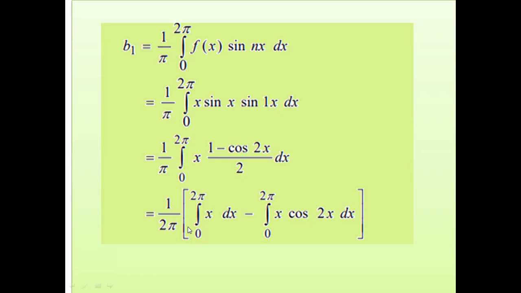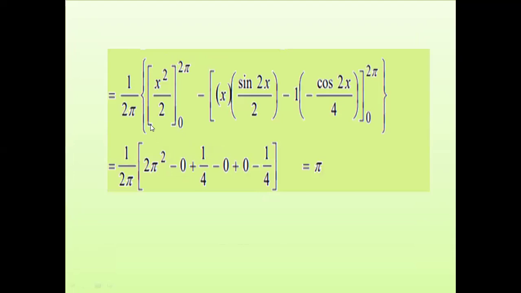So x upon 2, and x cos 2x by 2. The 2 we take outside as common. Then finally apply 1 by 2 pi, x square by 2, and then x into sine 2x by 2 minus 1 minus of cos 2x by 4, from 0 to 2 pi. Applying the upper limit, the answer finally becomes pi.